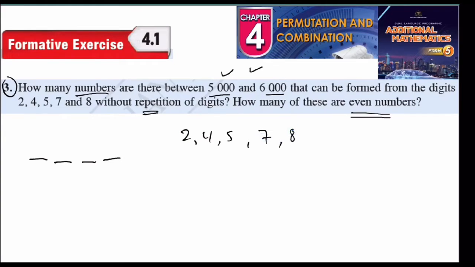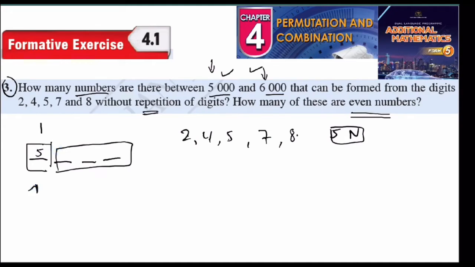Therefore, we have to be careful to choose the right digit, which is 5. We have only one 5, so we need to start with a 5. That is the only way to start.